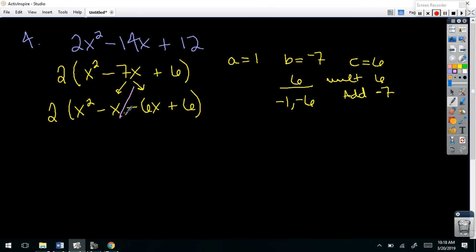Let's slash it. Yep. All right, so I'm not worried about that 2 on the outside. Right now, I just want to look. What's the GCF here? 1x. What's left when I take that out?